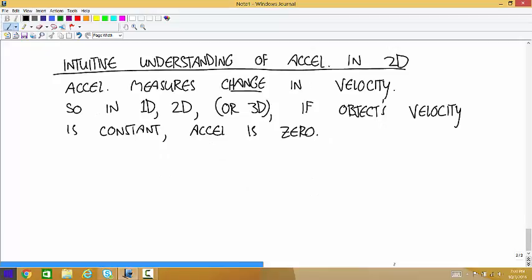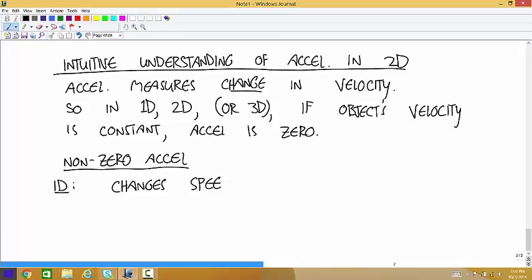Okay, so what about non-zero acceleration? In 1 dimension, non-zero acceleration only changes speed. And, you know, we've talked about this a lot.